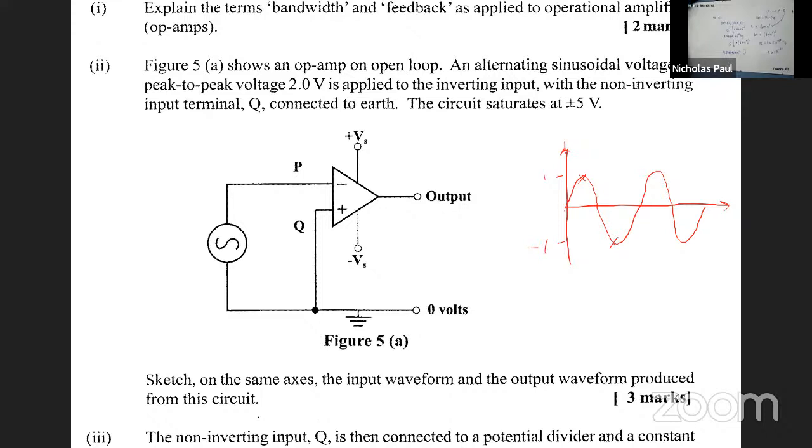Anybody remember what to do? Let's say up here is 5, down here is -5.